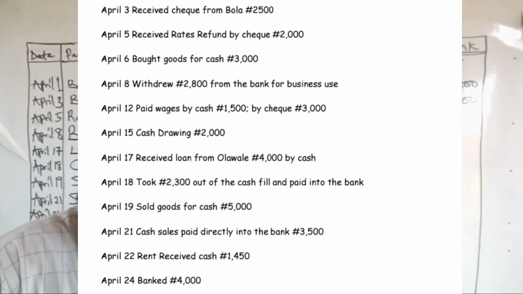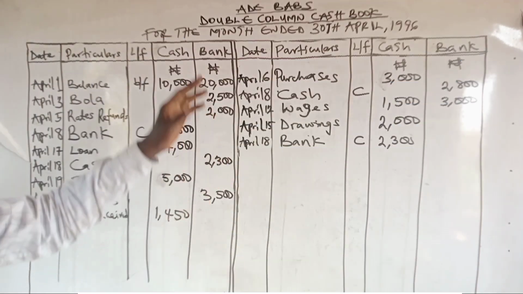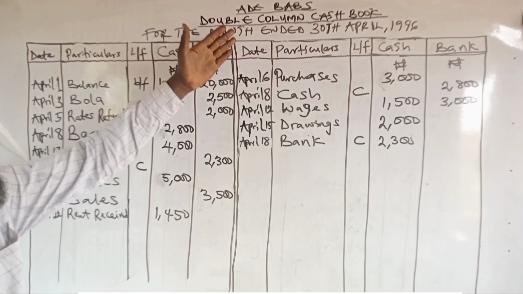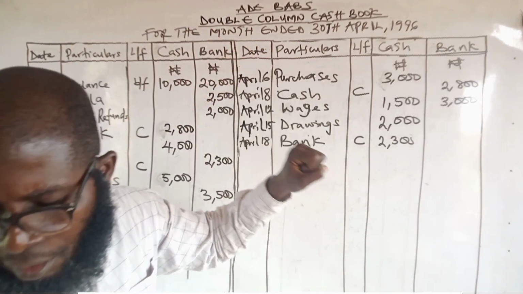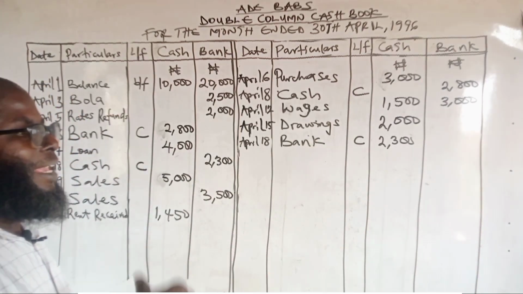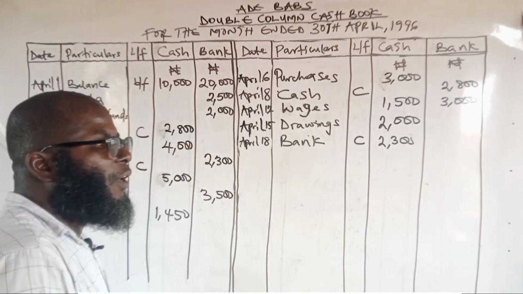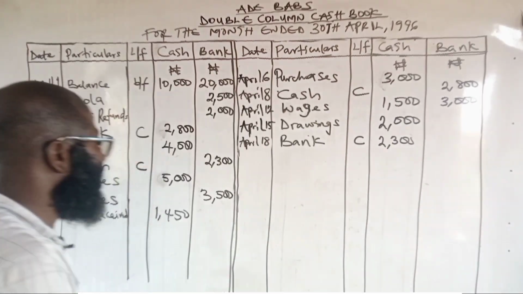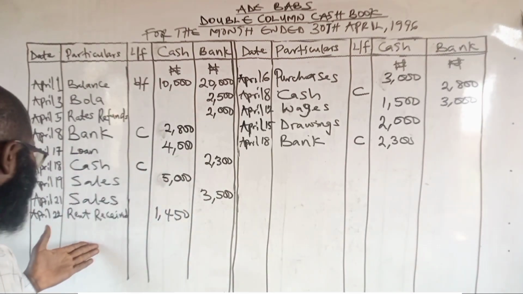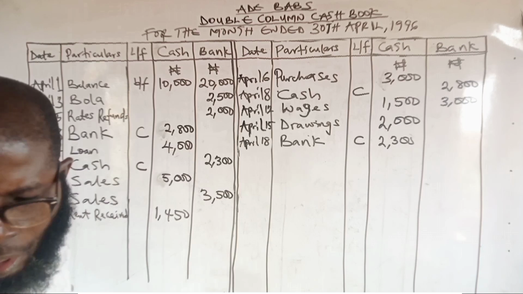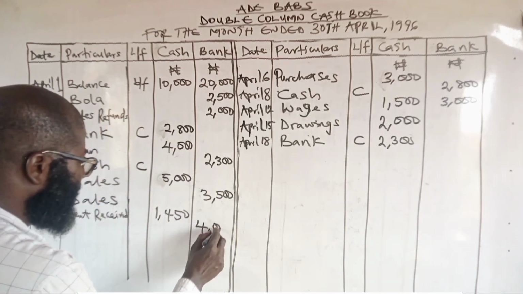Look at the question. April 24, banked 4,000 naira. Meaning that I banked, the owner of this business, Adebabs, as I usually say, I banked 4,000 naira into my bank account. Meaning that I took a certain amount from the cash account and deposited it in the bank, meaning that the bank account is receiving. I will come to the debit side here, to the bank column, and put 4,000 naira there.